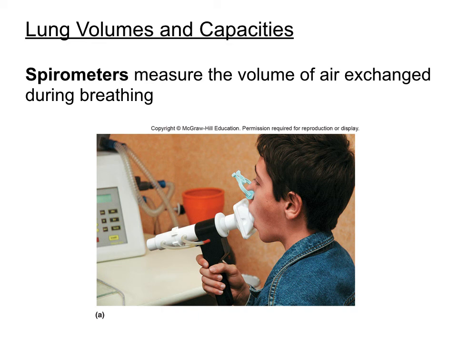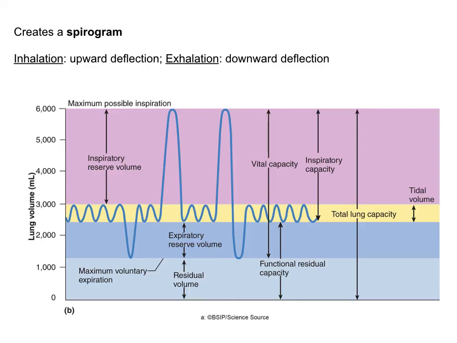Now, the actual recording that you would see on the computer monitor would look similar to what you have here, maybe minus the color. The tracing that you have here is called a spirogram. On the spirogram, in order to read it, you can see that there are upward deflections and downward deflections.